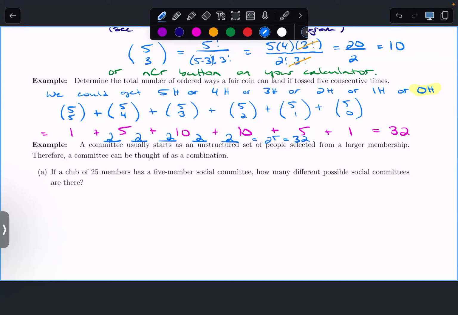So in this case, when you're doing all the possible outcomes, I would maybe think twice about it. But we are going to see questions where it's at least 1 head, right?